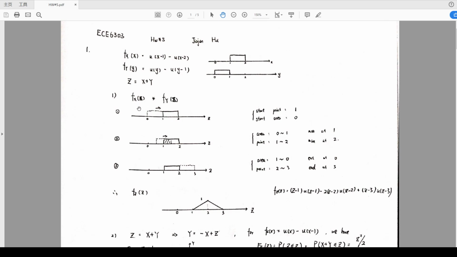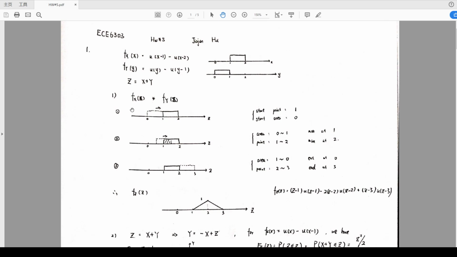First, we make the f_X at this position, and then we move the Y from left to right. This is the start point, when the Y is at the point 1 and the start area is 0.